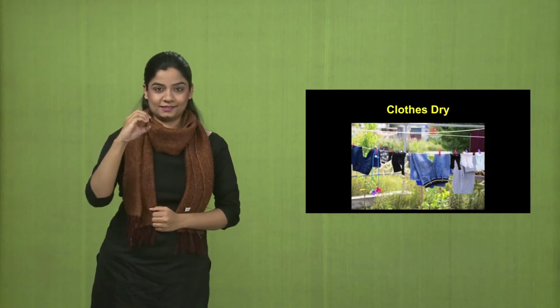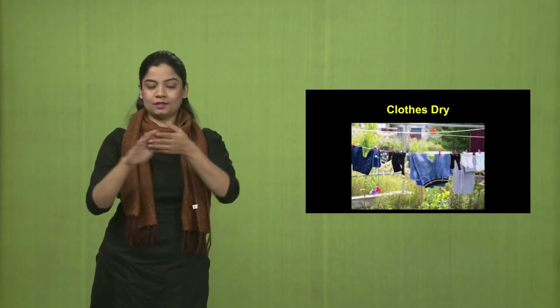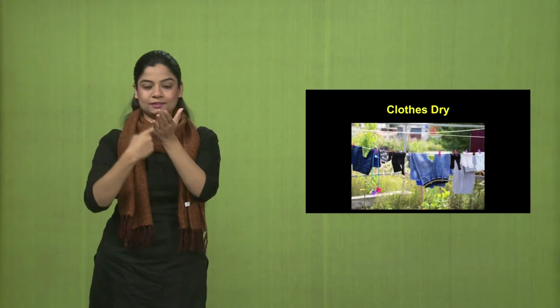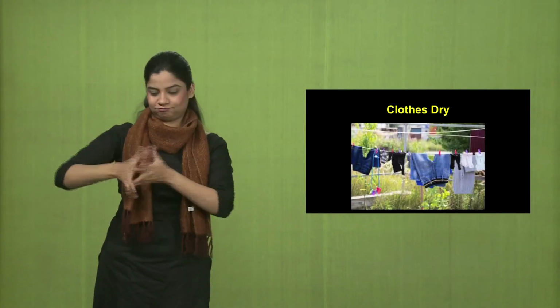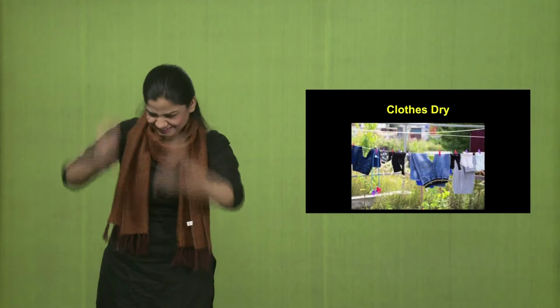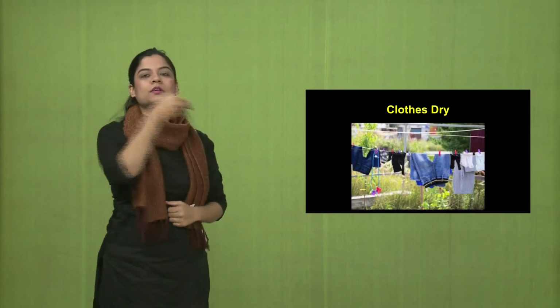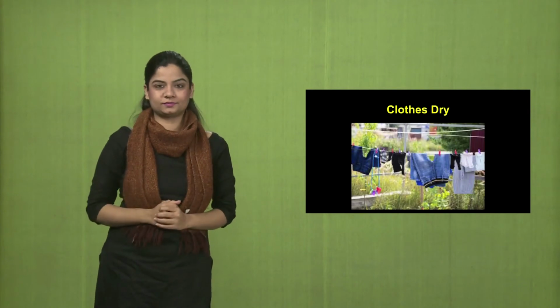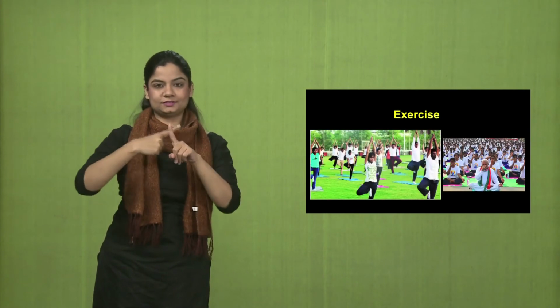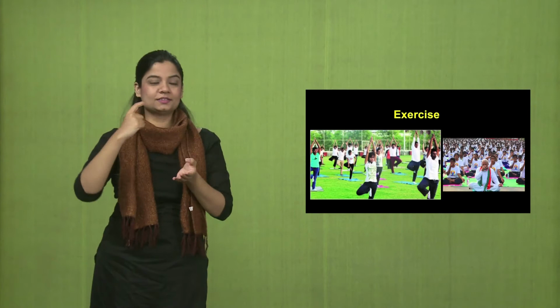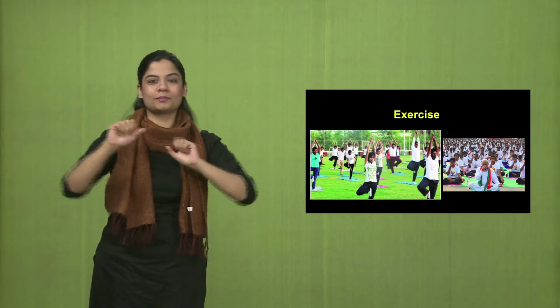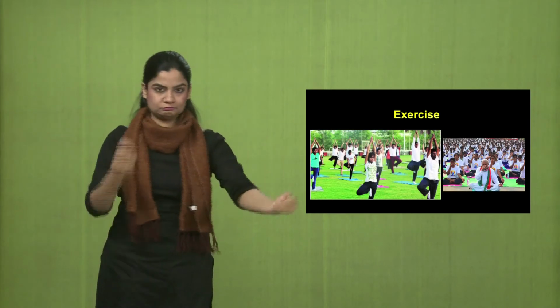Clothes, dry. When we wash our clothes, they are wet and then we put it on outside to let it dry. It's called clothes dry. Exercise, be it yoga, gymming, walking, different kinds of body activities.